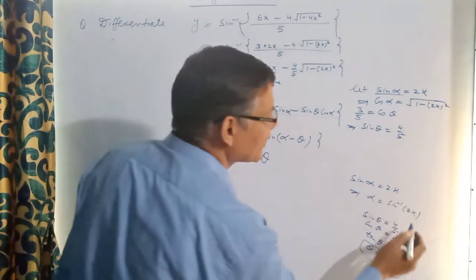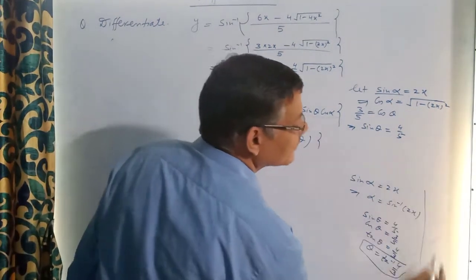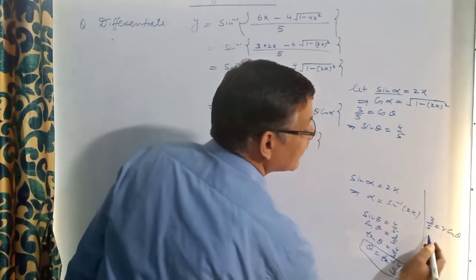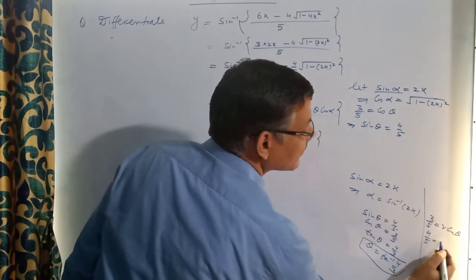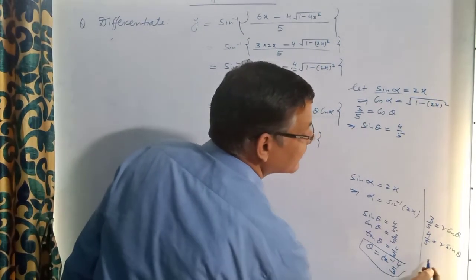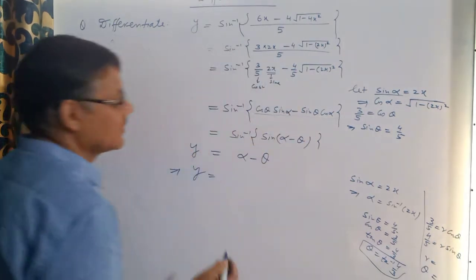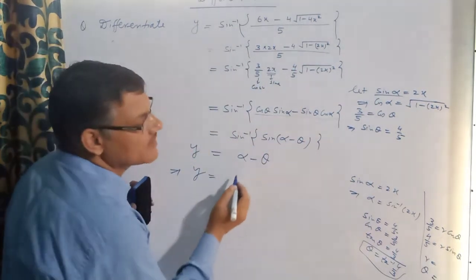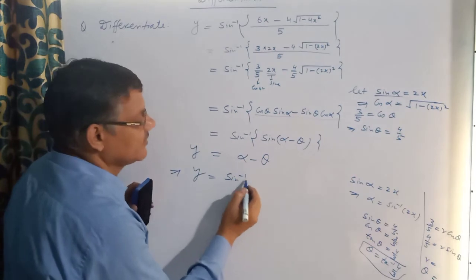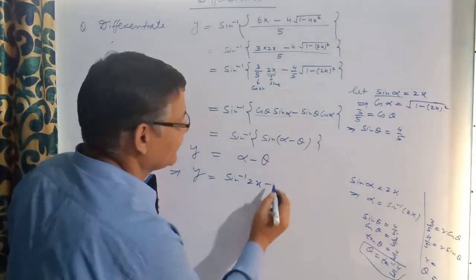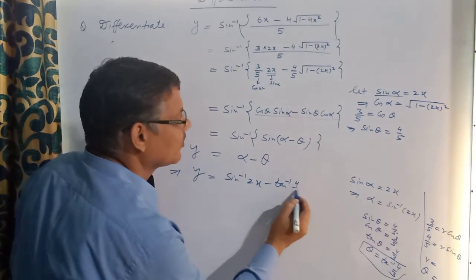Sometimes we take 3 by 5 equal to r cos theta, and 4 by 5 equal to r sine theta, then getting the value of r and getting the value of theta. So here I use the direct method. So what is alpha? That is sine inverse 2x minus theta, where theta is tan inverse 4 by 3.